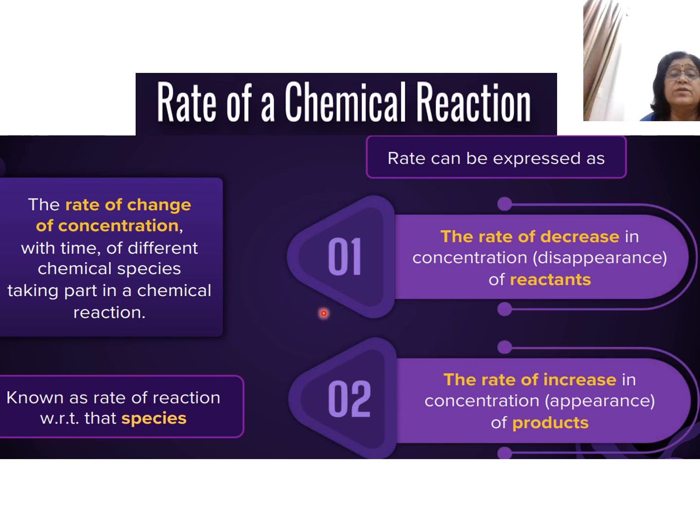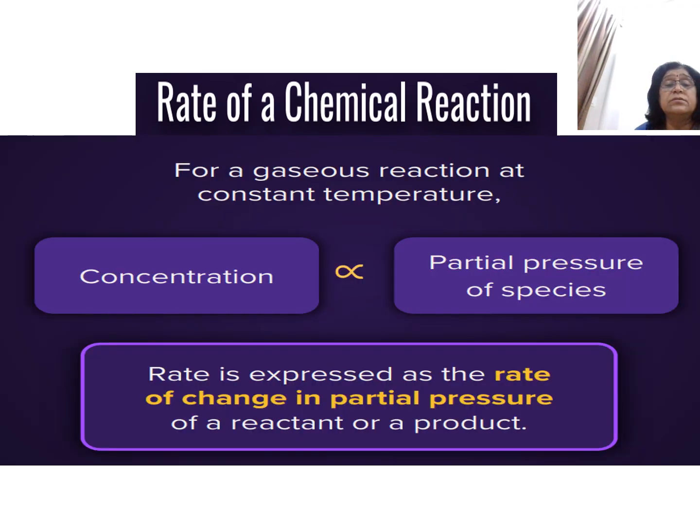So that's how you measure the rate of chemical reaction, on the basis of the decrease in concentration of reactants or increase in concentration of the products. For a gaseous reaction at constant temperature, the rate is expressed in the rate of change in partial pressure of the reactants or products. So concentration is directly proportional to the partial pressure of the species.